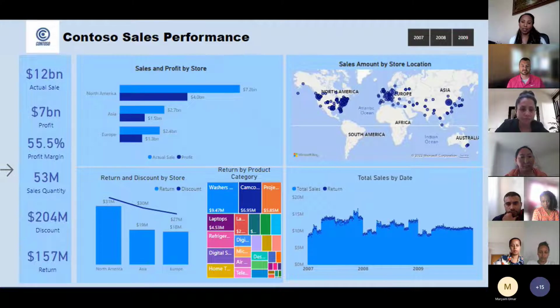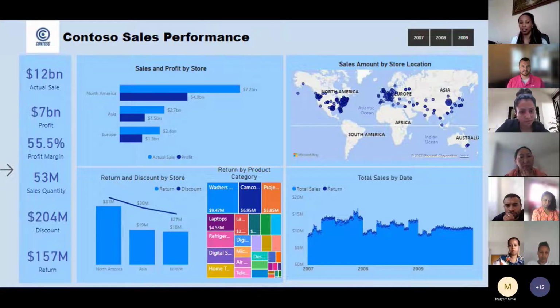Here is a screenshot of the report that I developed for the Contoso manager. As I said before, Contoso is managed by a hierarchy of managers, starting from the general manager who is looking over stores all over the four continents. Taking this manager as an example for this screenshot, this manager can open the report and see the general performance.